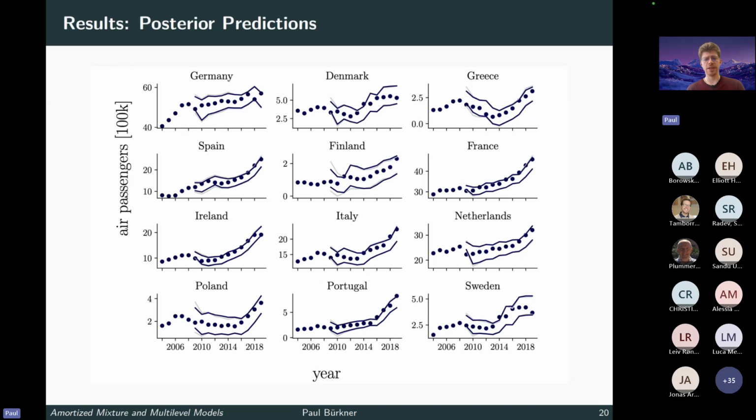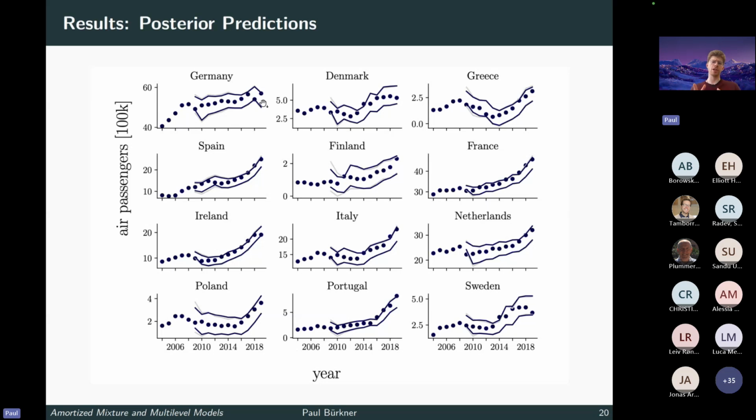So after training, this is essentially how it looks. For example, if we are training our amortized Bayesian multi-level framework and then start making predictions after, let's say, the 5th or 6th year, we see basically that the predictions, shown here in these lines, match very well to the actual observed data points, unseen by the model, that we see here as specific points.